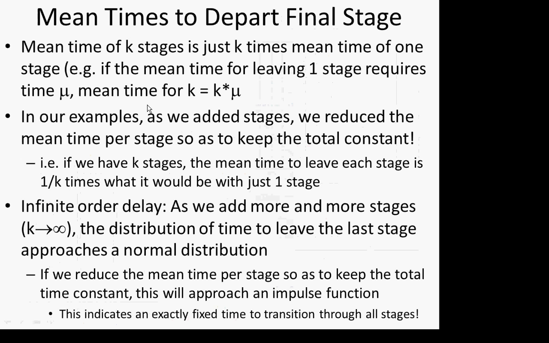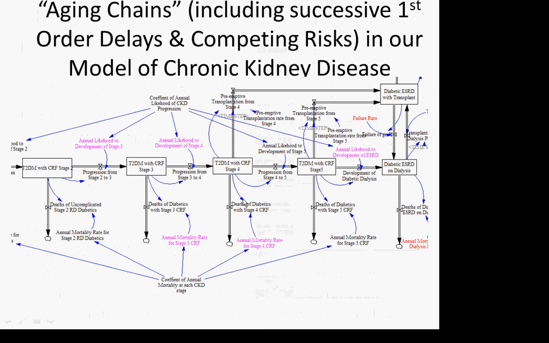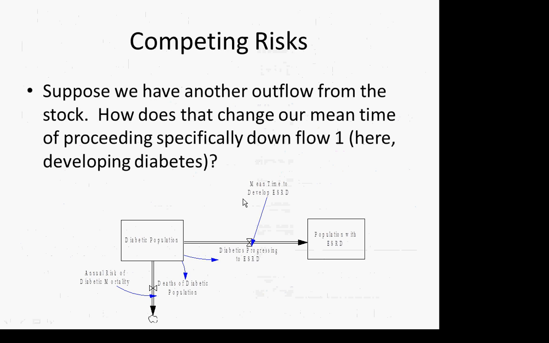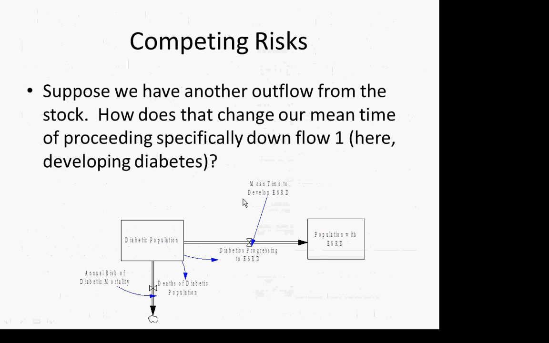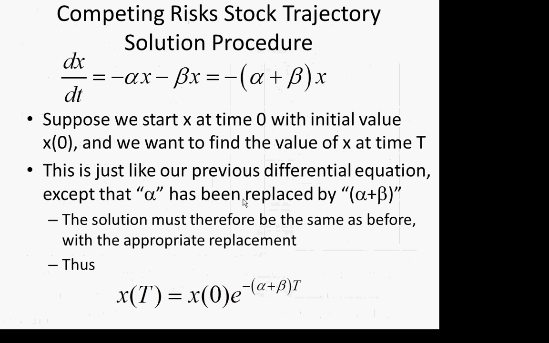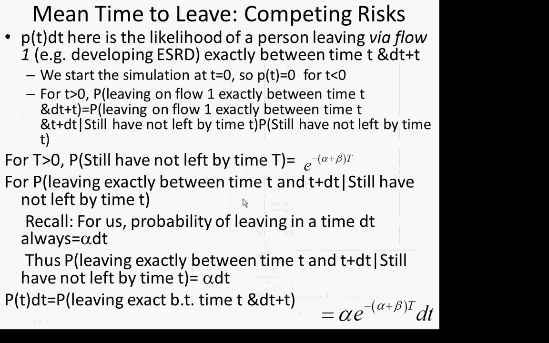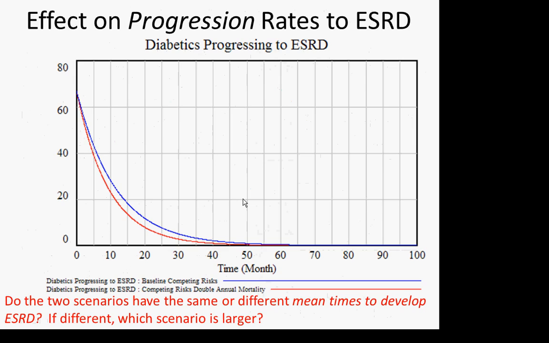Okay, and you'll see that coming out of there. We talked about competing risks before, so I don't know that I have to deal with this further, but it may be worth noting that we have these effects by which the mean time to leave on this flow is affected by the rate of this flow and vice versa.